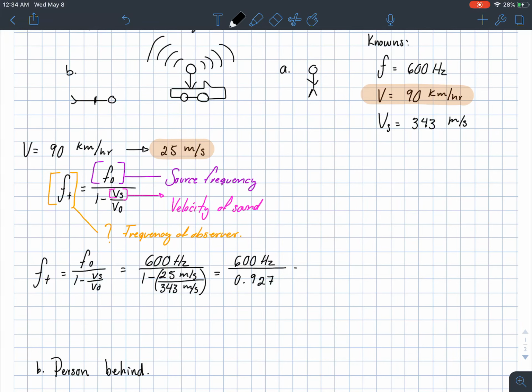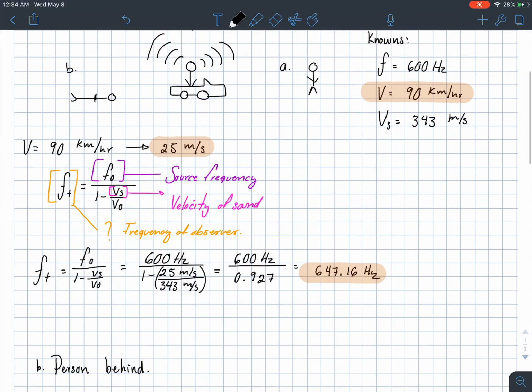And once I plug that into the calculator, it should be 647.16 hertz. And that right there is the first frequency that I'm being asked in part A.